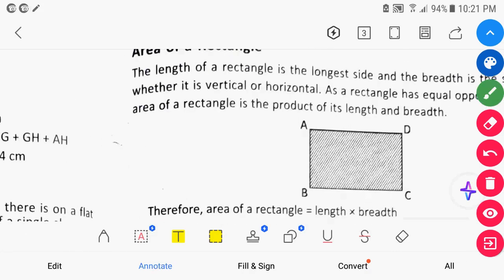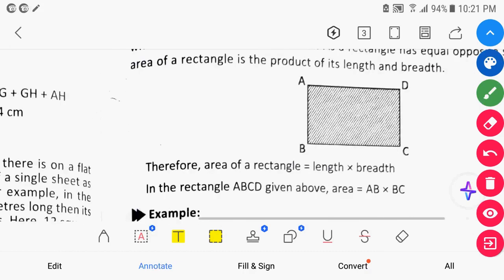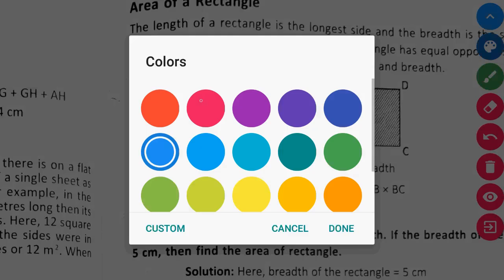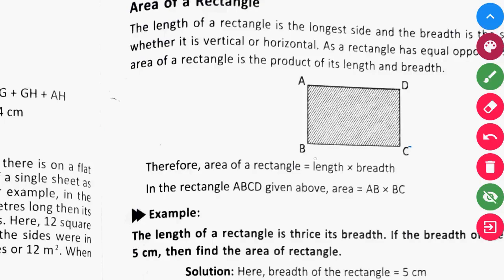While talking about the area of a rectangle, the formula for the area of a rectangle is length into breadth. Simple. Okay. What is the formula? Length multiplied by breadth. This length multiplied by breadth gives us the area of the rectangle. Simple.